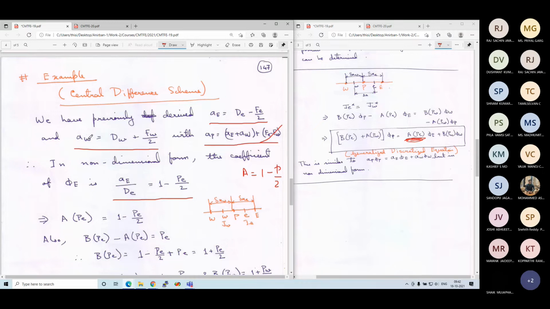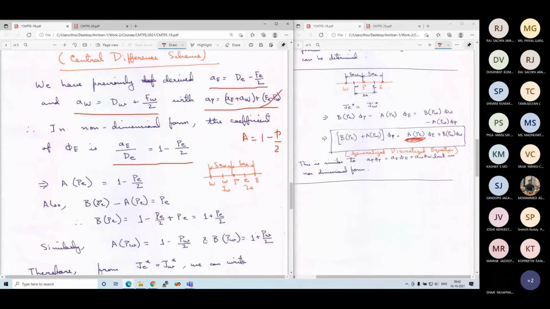We can also verify what B will be using this, but we can directly calculate B using our equation, that B is equal to A plus P. For example, at the east interface, B of P is equal to P plus A of P. A of P is 1 minus P by 2 plus P, so it becomes 1 plus P by 2.